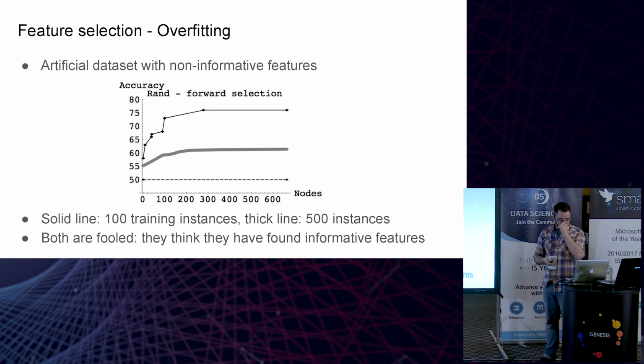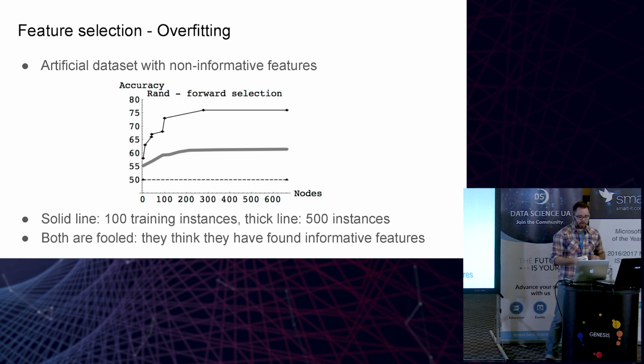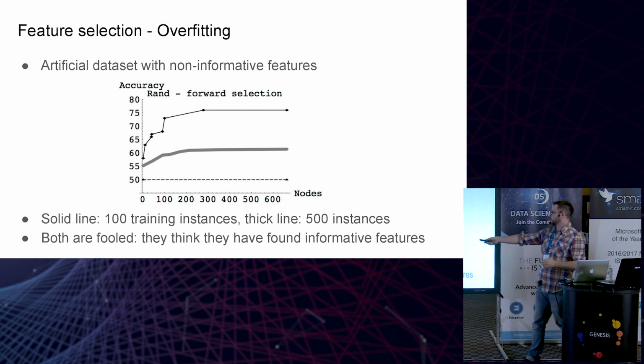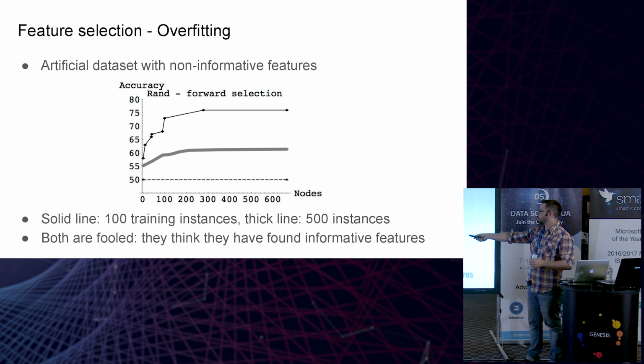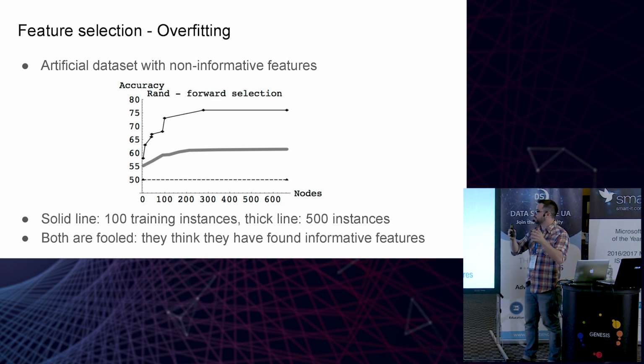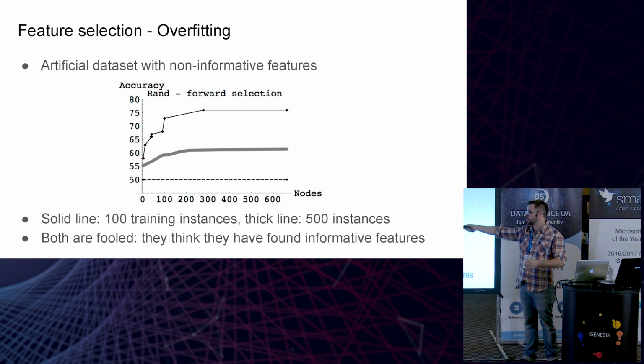Then you run, for example, forward selection and ask, how good is the predictive model you found? The more you try, for example, the one that's most optimistic is the top one, which only has 100 instances. And they said, oh, we found a model with these features that predicts 80%. It's not true, because the real model should predict 50%.